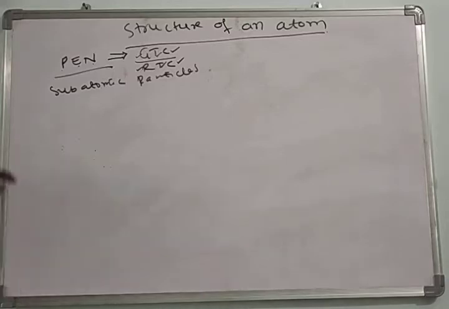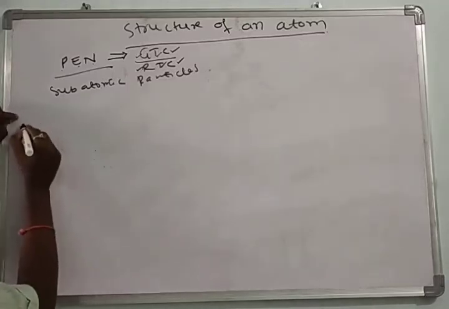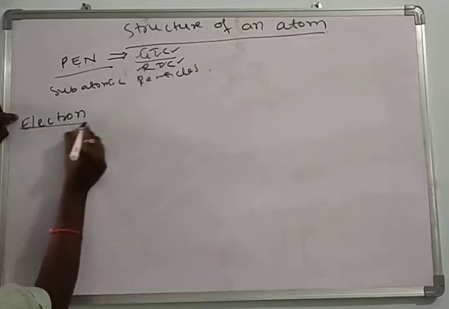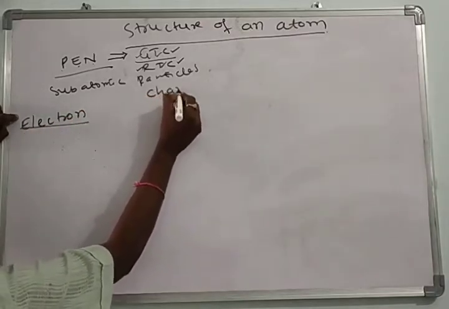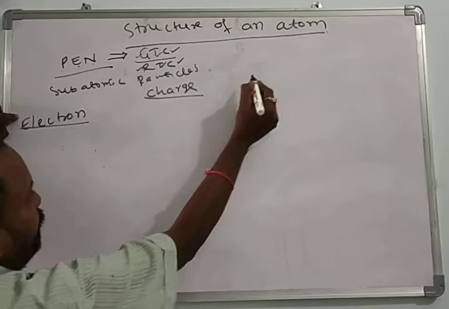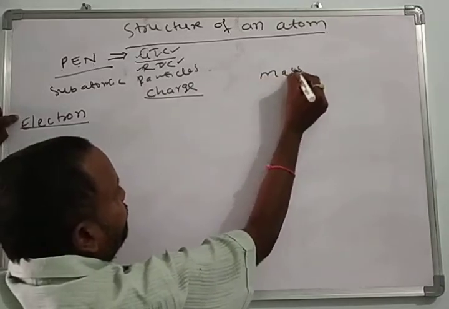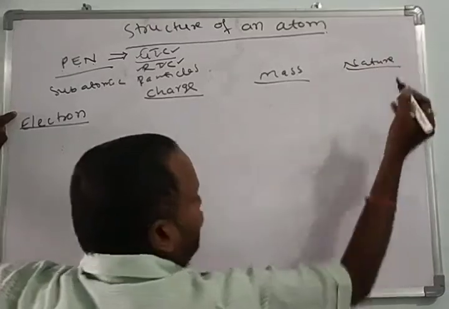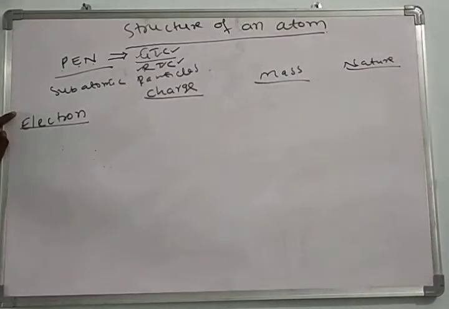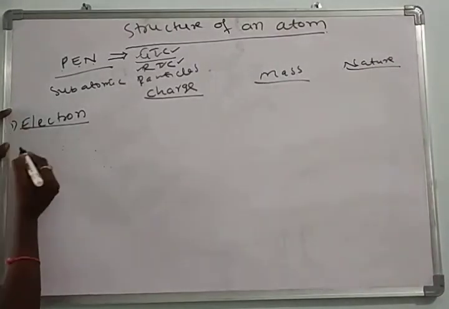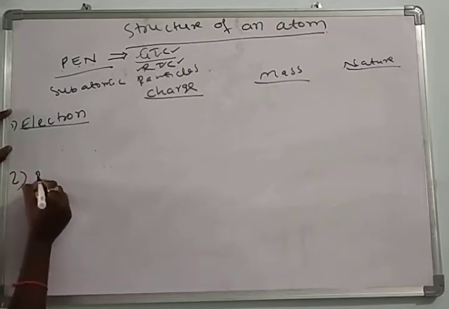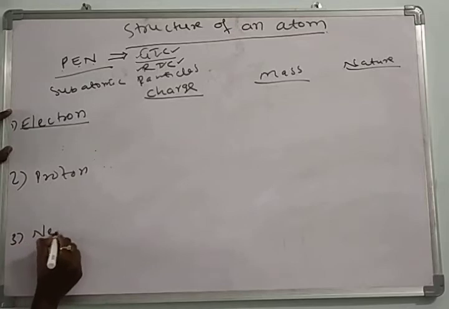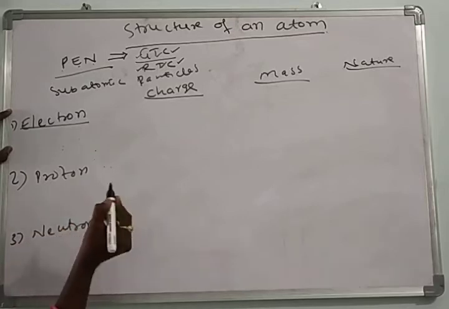Here I am writing the charge, mass and nature of an electron, and of proton and neutron also. First I want to take electron, then proton, and third neutron.